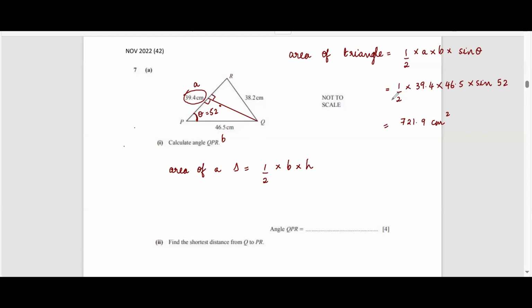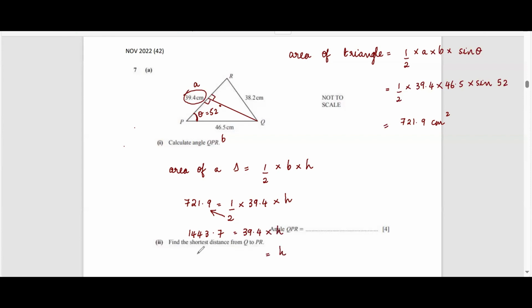So the area of the triangle from trigonometry, that is 721.9, is equal to half of base into height. In this triangle, I'm considering the base as 39.4 here. 39.4 into height. That's what we need to find out. So cross multiply this 721.9. When you multiply that with 2, you will get 1443.7, which is equal to 39.4 times h.